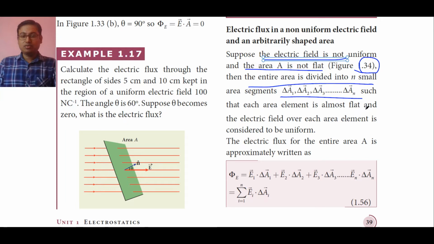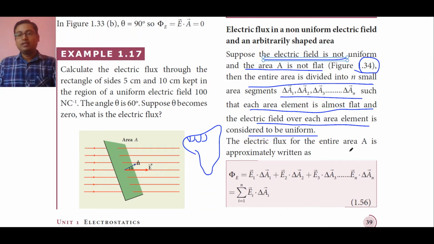So suppose we have taken an arbitrary area; this area is divided into small areas in such a way that each is taken as perfectly flat. If you have a curved surface, divide that surface into as many small surfaces as possible so that every small surface ultimately becomes flat, as given in figure 1.34.